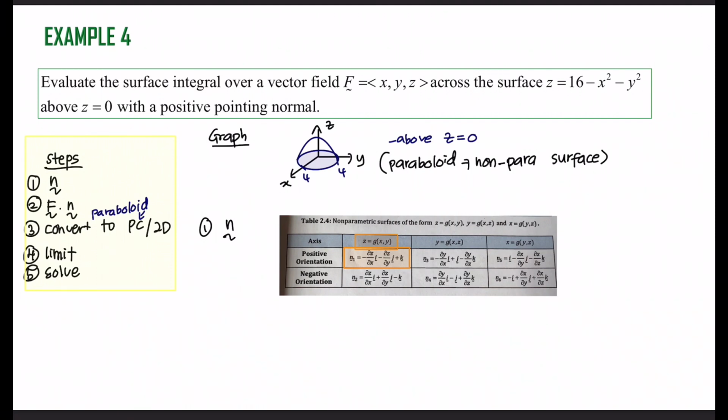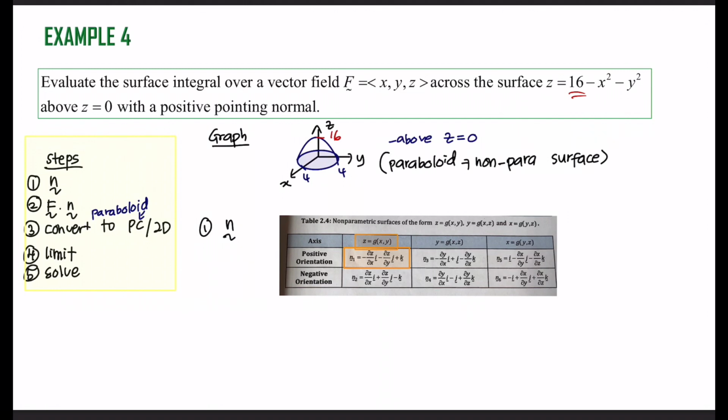The z-intercept is 16, so here is 16. How do we get 4 here? In the xy plane we have a circle.